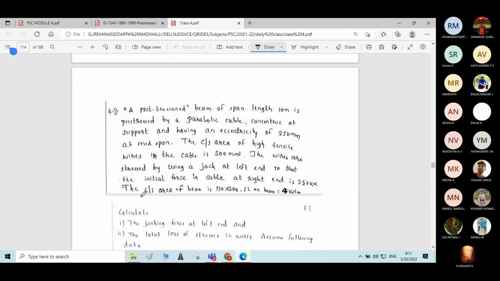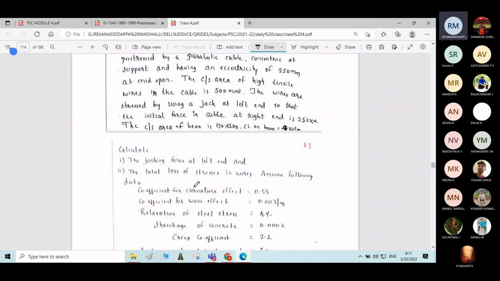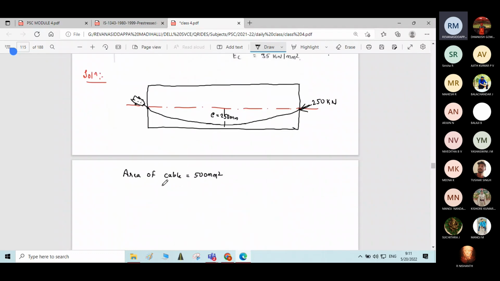The cross section of the beam is 150 by 300, so it has a rectangular cross section.